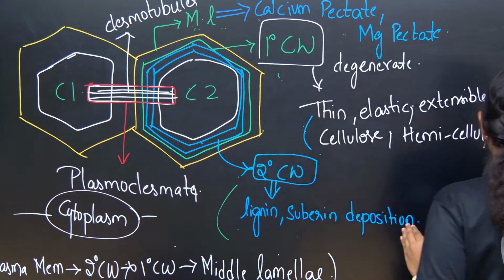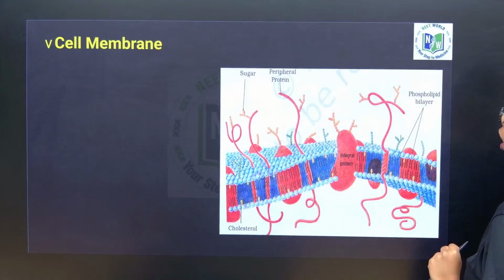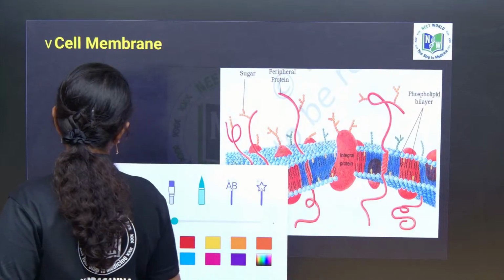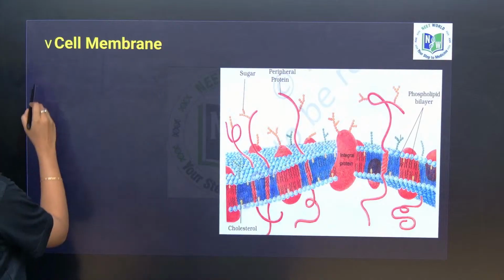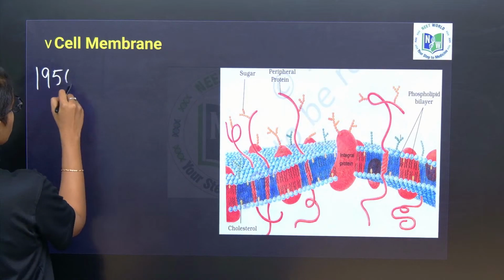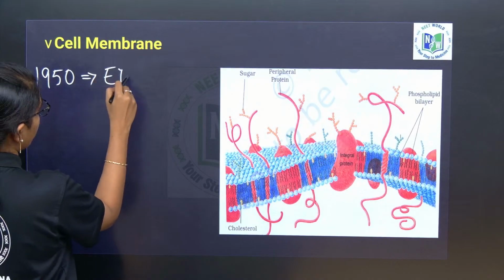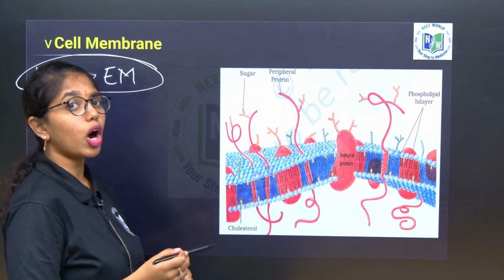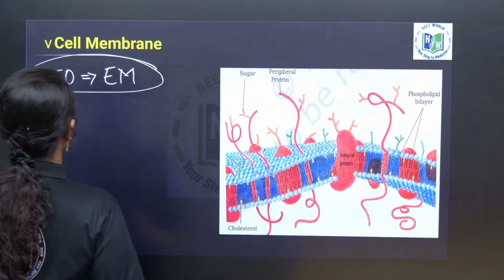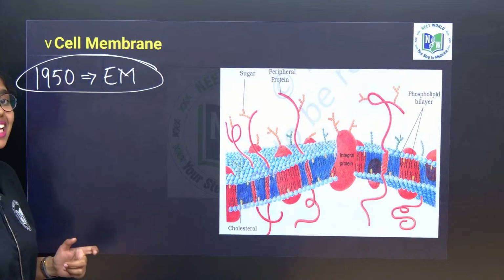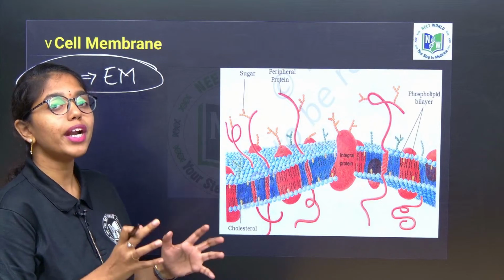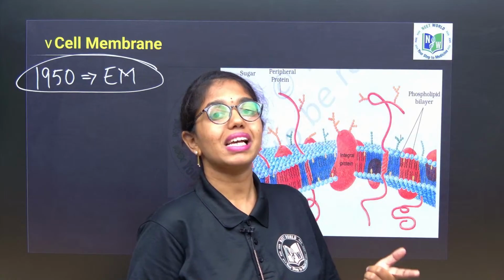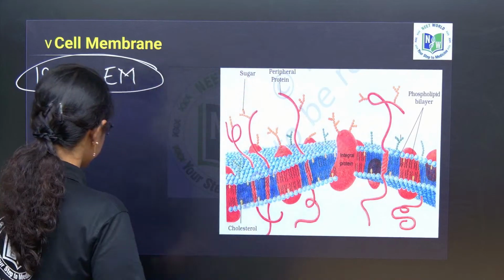Now, let us go to the limiting boundary of an animal cell, that is the cell membrane. In the year 1950, because of the evident development in the electron microscope, the cell membrane was studied and many models were proposed for it. But the model which is widely accepted is the Fluid Mosaic Model, given in the year 1972 by Singer and Nicholson.